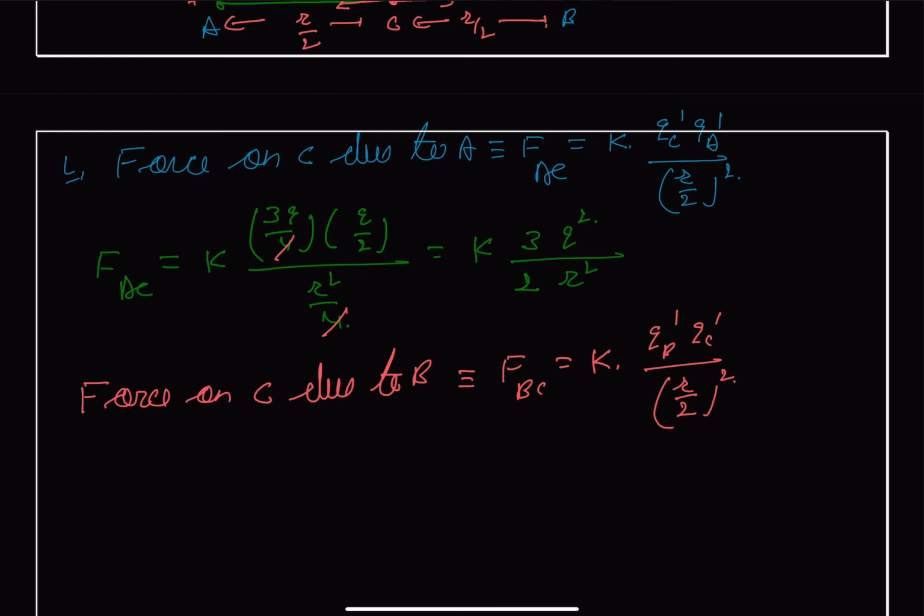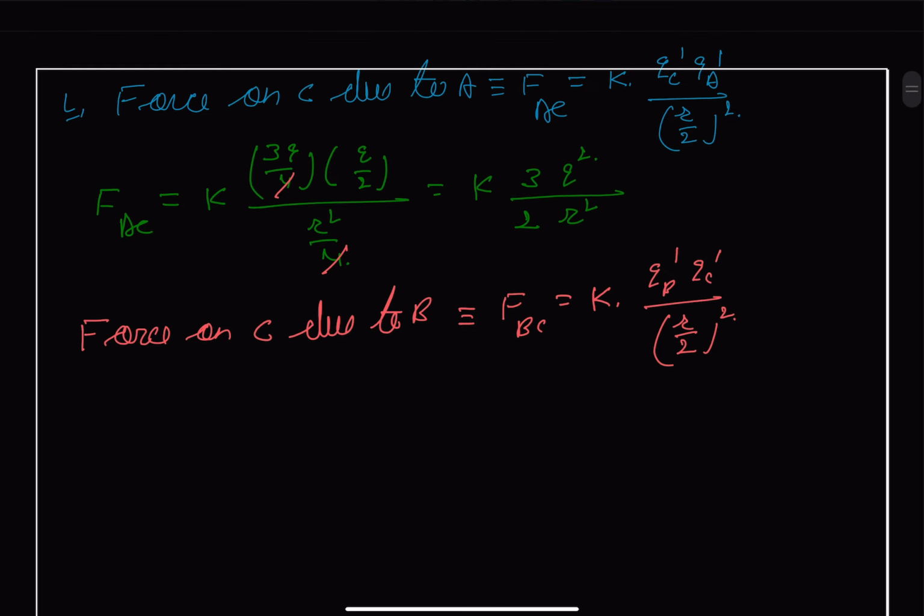We substitute the value, we get F_BC will be equal to K. Q_B prime is 3Q by 4, both are same. So we can write this as (3Q by 4) whole square divided by R square by 4.